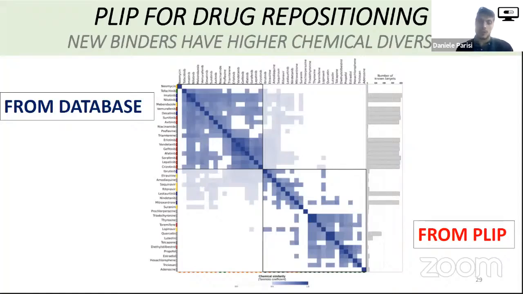While the ones that we fished using the interaction profile similarity were actually way more diverse. And this chemical diversity can be useful in order to avoid side effects and give a little bit more specificity.